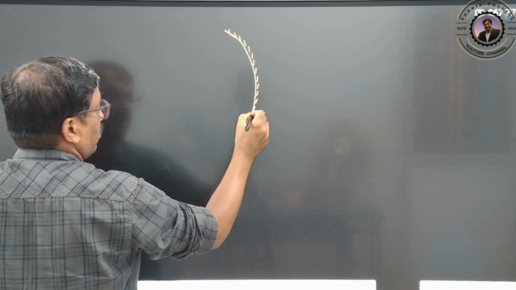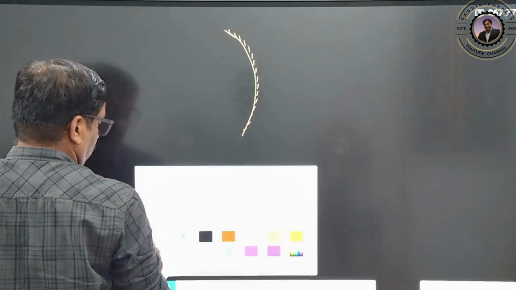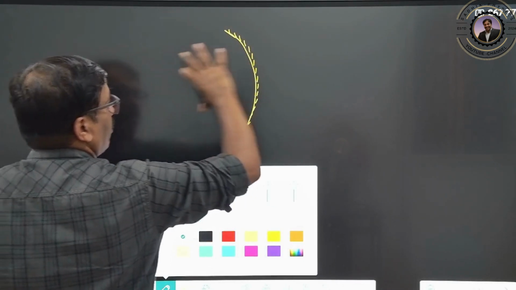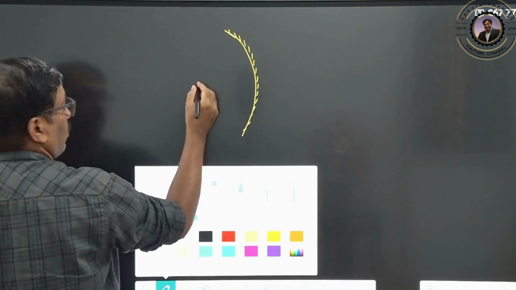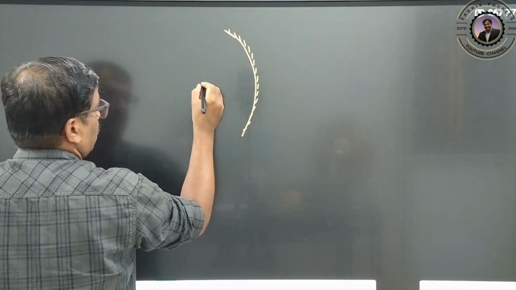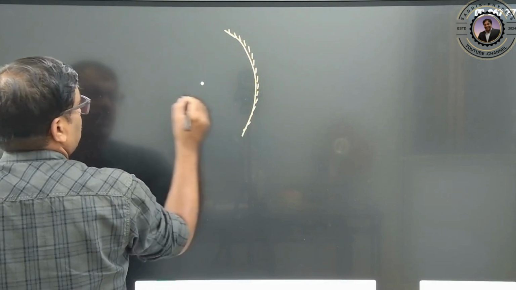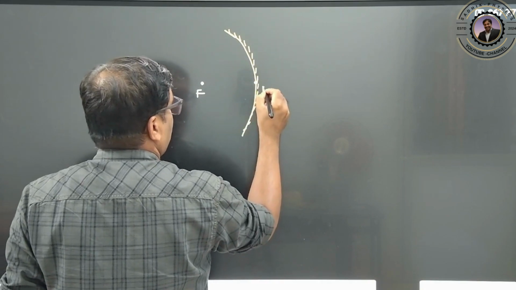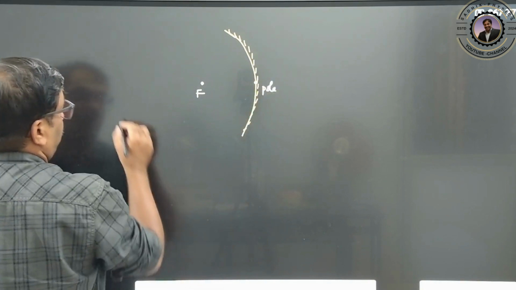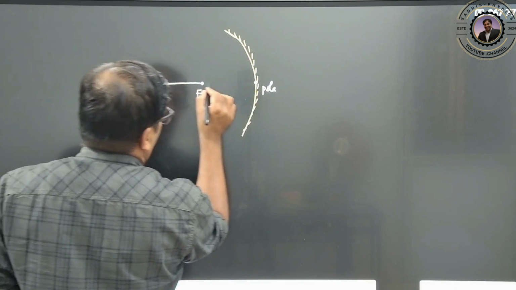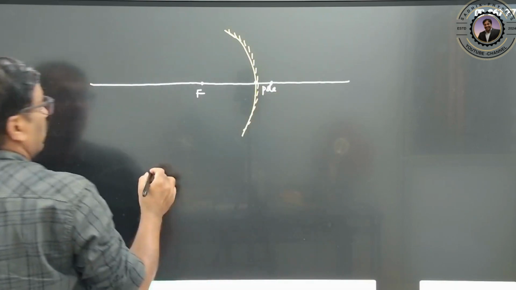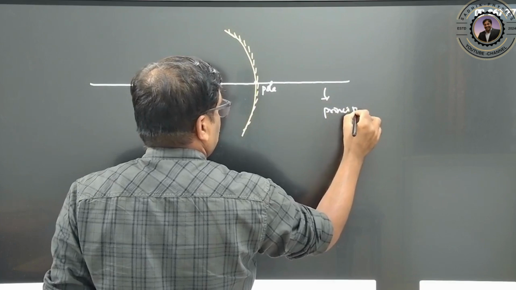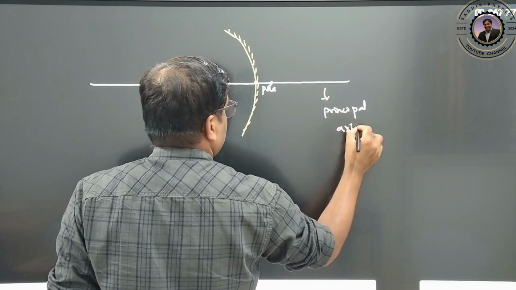A parallel beam of light rays coming in converges to one point; this we call the principal focus. The center of the mirror we call the pole of the mirror. If you draw a straight line joining the focus and the pole, this is called the principal axis.